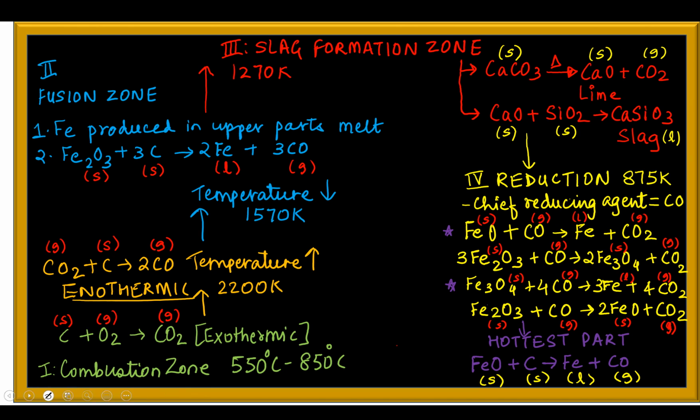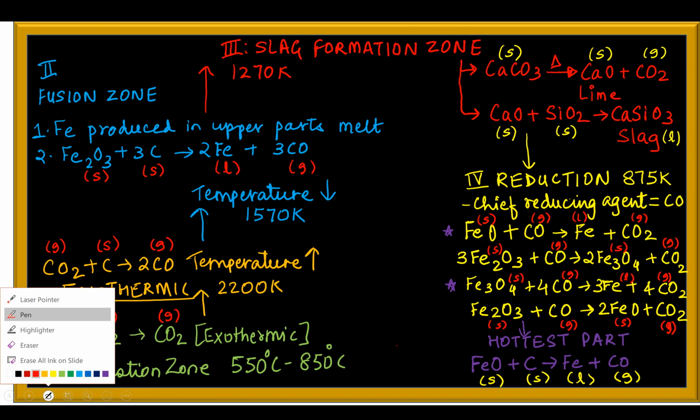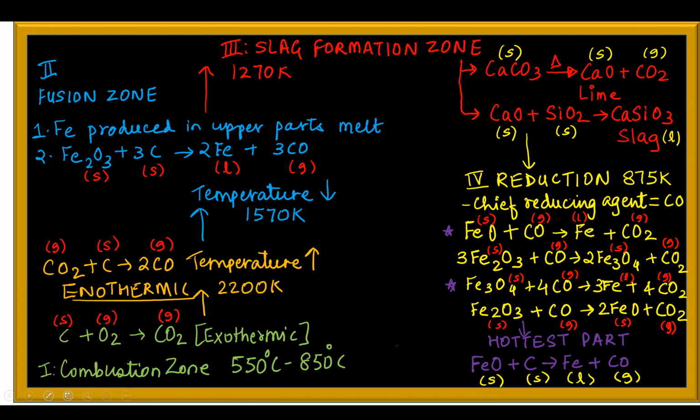Also I would like to tell you over here that sometimes it is also mentioned that this reaction which I've mentioned here, the products can also be written in a different way, because see, it is a blast furnace and there are a lot of reactions that are taking place in the blast furnace. So when I have written Fe2O3 plus CO gives you 2Fe3O4 plus CO2, another reaction that can happen in its place could be Fe2O3, so I'm just trying to squeeze in and write here, pardon me for that.